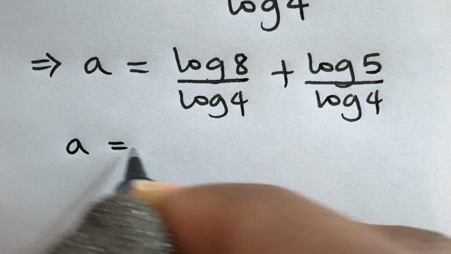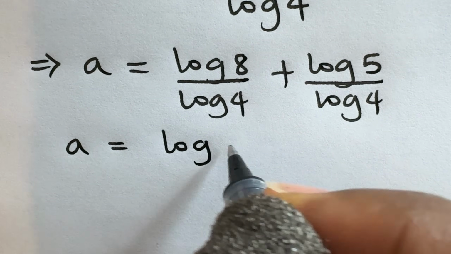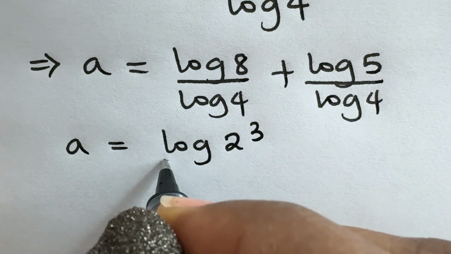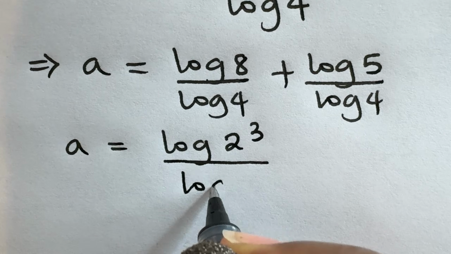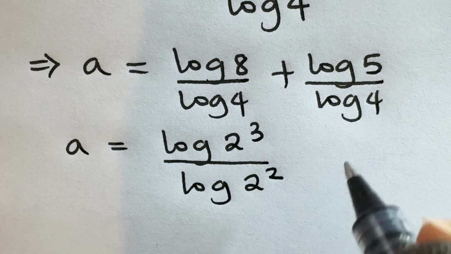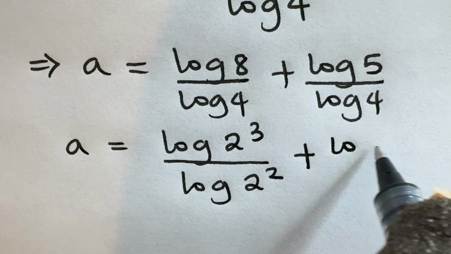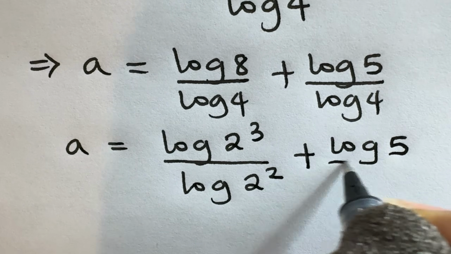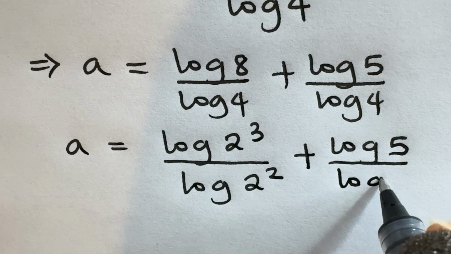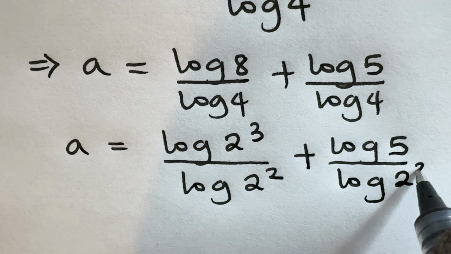A is equal to log 8 is 2 raised to power 3, and then 4 is 2 raised to power 2, plus log 5 divided by log 4, which is 2 raised to power 2.